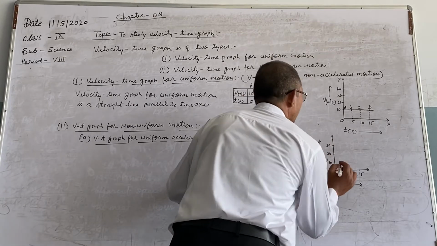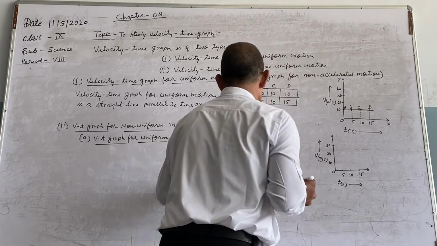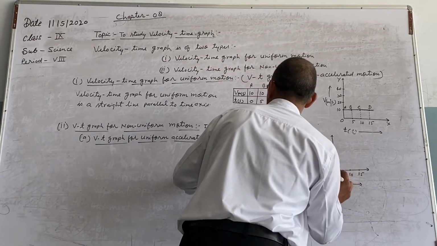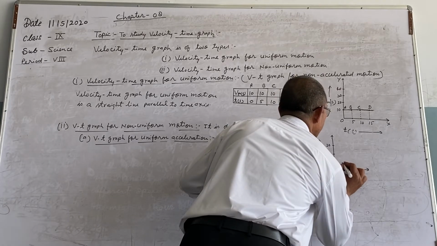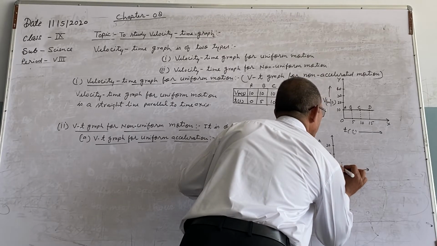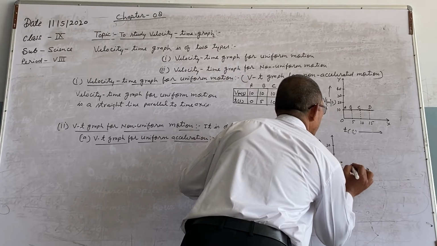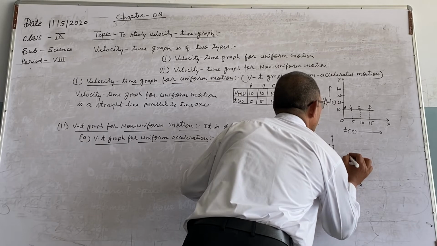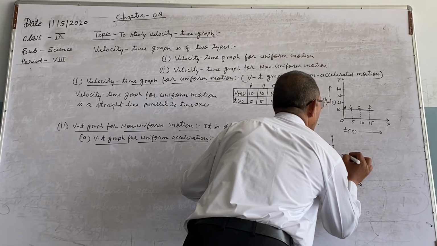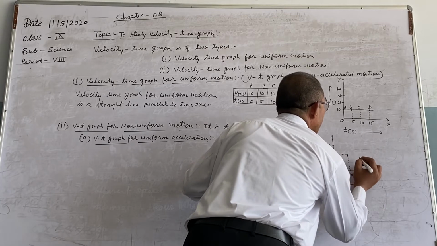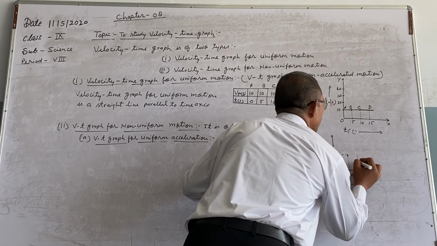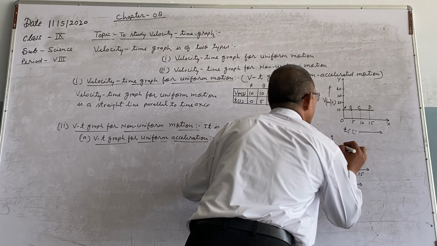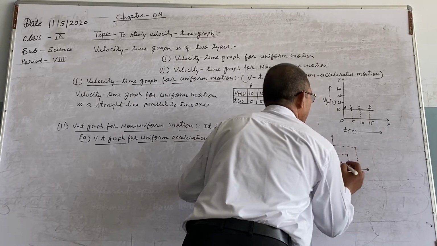Now draw the graph. At time t0, velocity is 0. After 5 seconds, velocity is 10 meter per second. After 10 seconds, velocity is 20 meter per second. After 15 seconds, velocity is 30 meter per second.